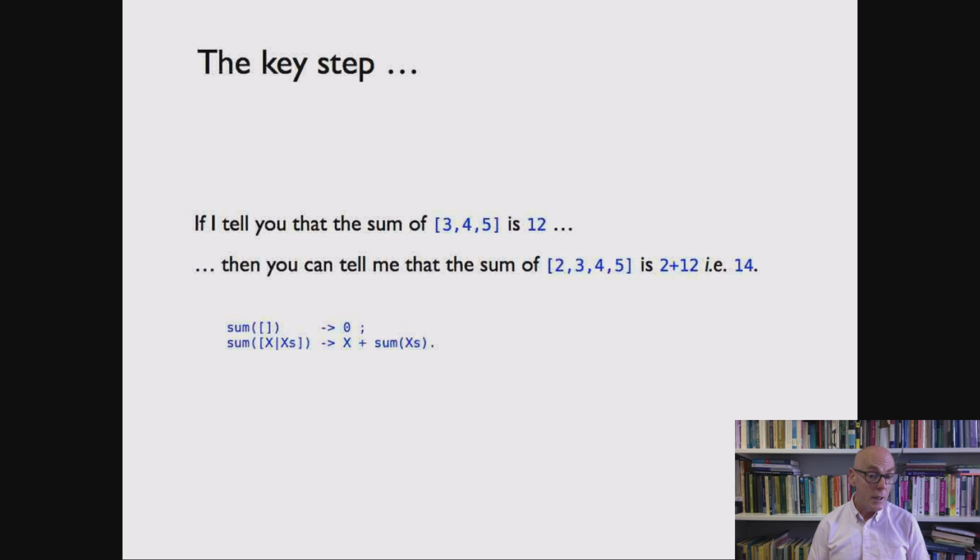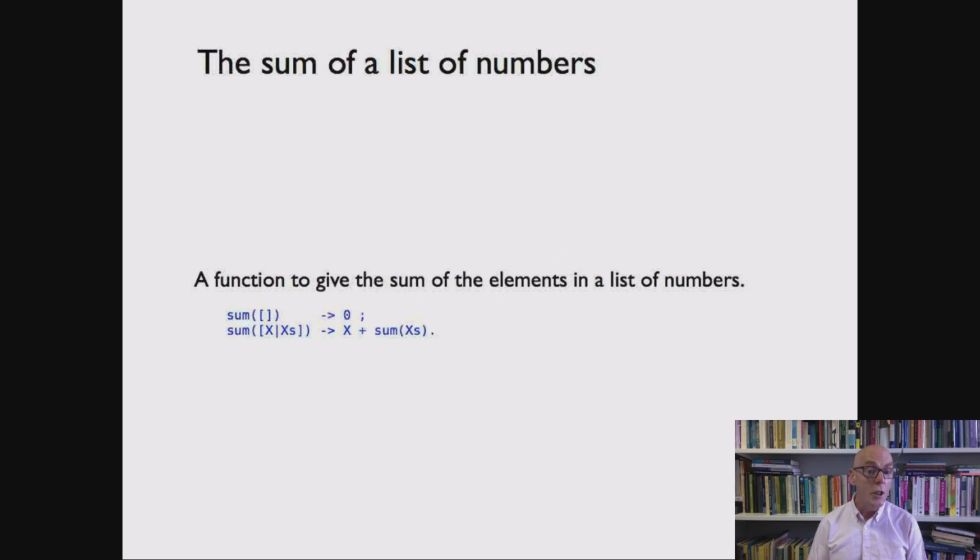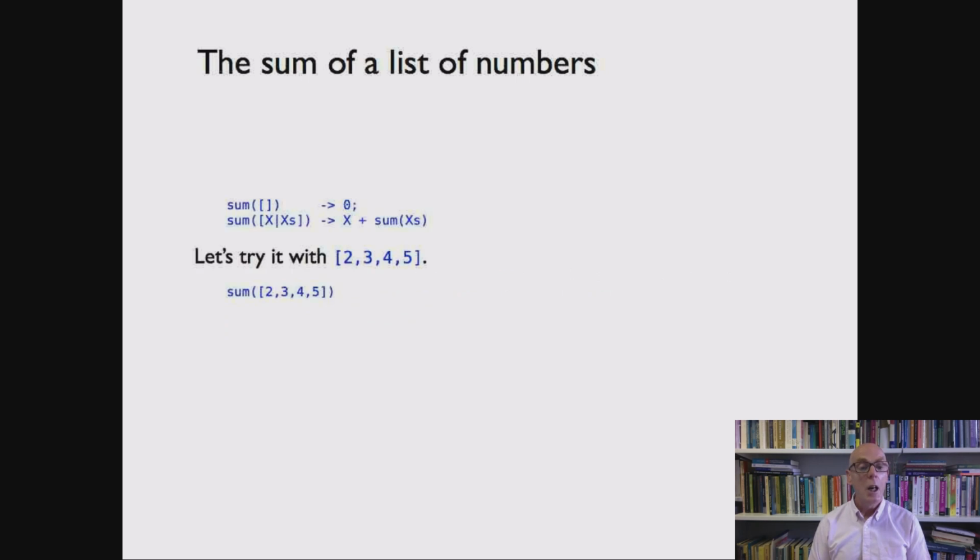Now let me just show you that we can use this as a way of evaluating. This describes, if you like, a very direct description of what the sum is. It says the sum of an empty list is 0, the sum of x cons x's is x plus the sum of x's. And we can use those equations to write out a calculation.